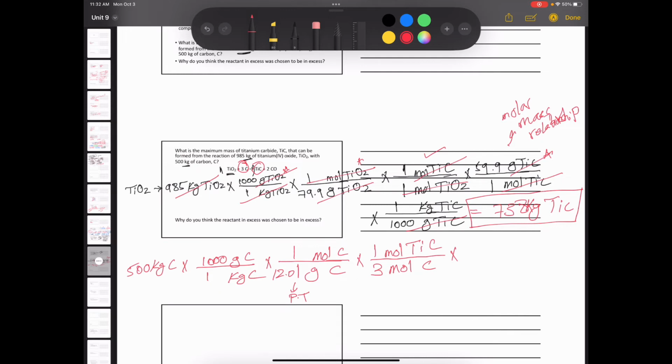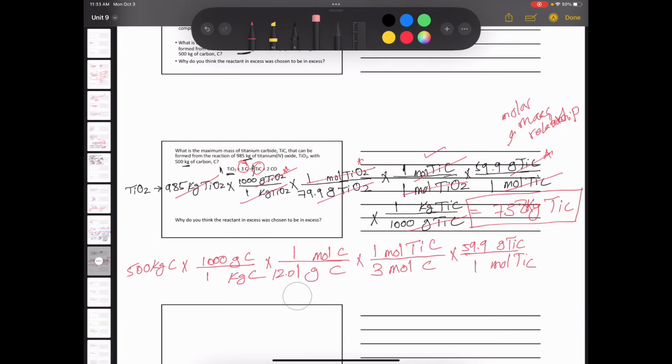What I need to do is finish up just like how I did in the last stretch here in the first step. Okay? So I need to convert the moles of titanium carbide into grams of titanium carbide. Mole titanium carbide. Okay? So based on the calculation of the molar mass for the titanium carbide, this one is 59.9, and this one is 1 mole for every 1 mole.